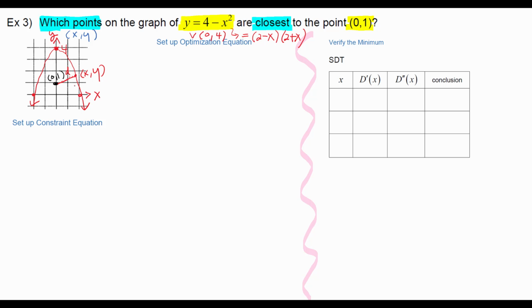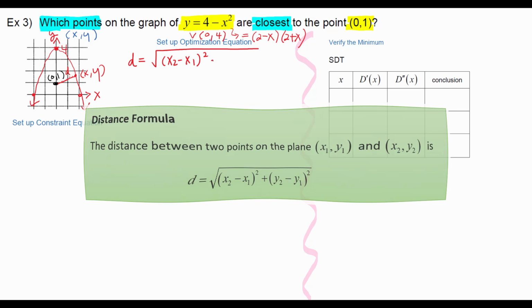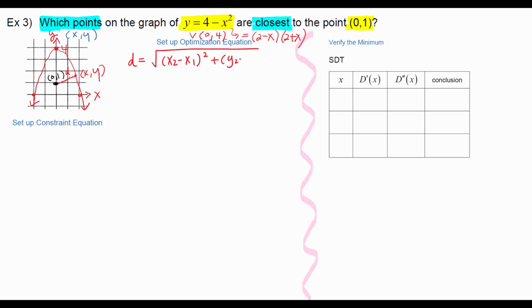We can start by looking at the distance between (0, 1) and (x, y), right? So the distance formula, if you recall, between 2 points on the plane (x1, y1) and (x2, y2) was the square root of (x2 minus x1) squared plus (y2 minus y1) squared. One of our points is (0, 1); we can call that (x1, y1).